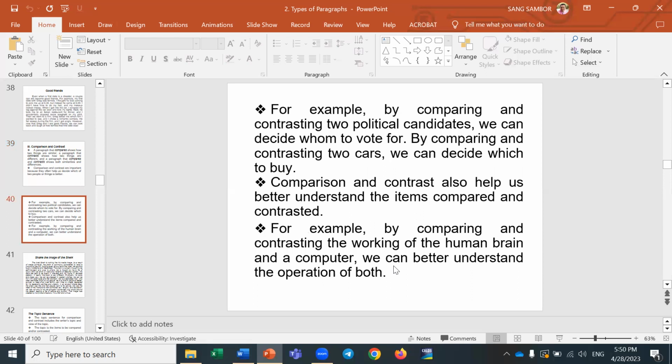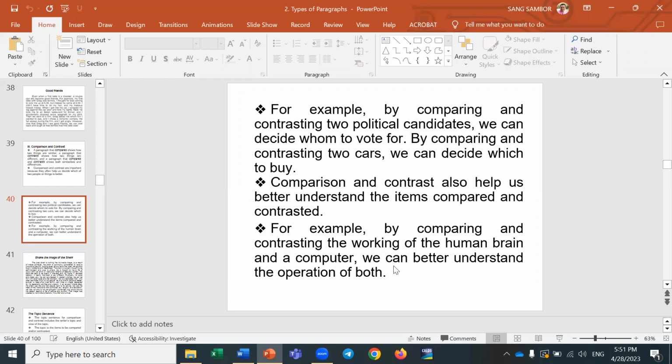For example, by comparing and contrasting two political candidates, we can decide whom to vote for. Before you vote for any political party, you need to make some comparison first to see which candidate or which political party is better than others.